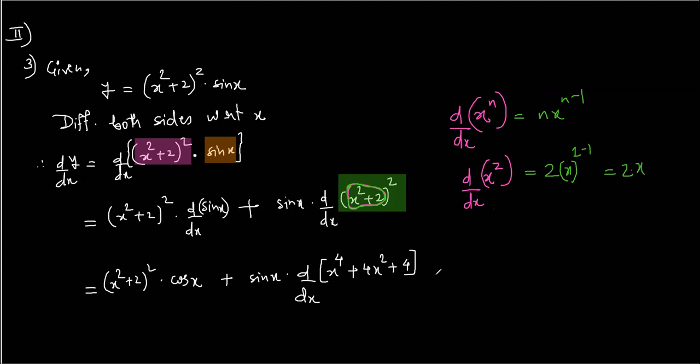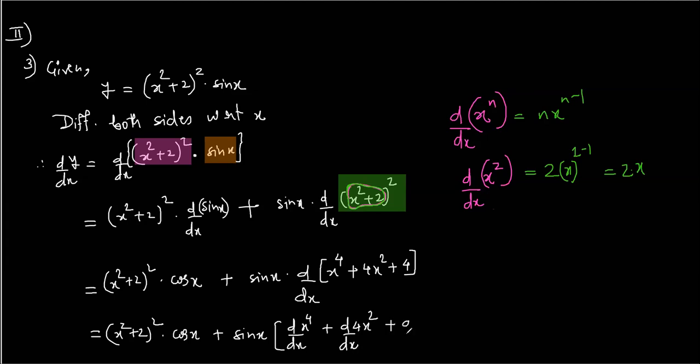Then next I write separate derivatives for all of these. So I have here x square plus 2 square multiplied by cos x plus sine x into d by dx of x raised to 4 plus d by dx of 4x square plus d by dx of 4.